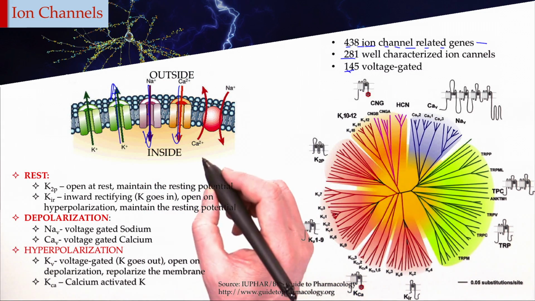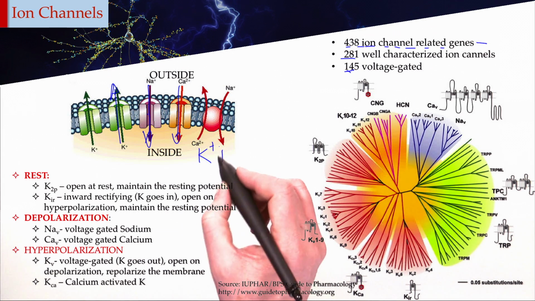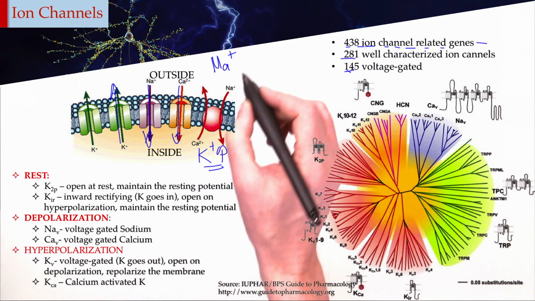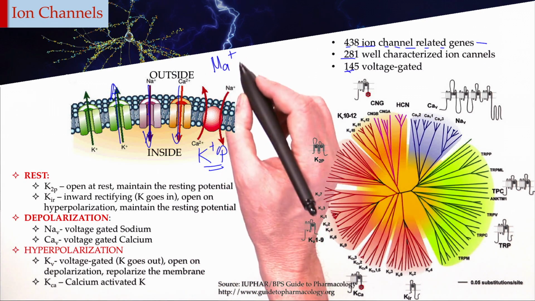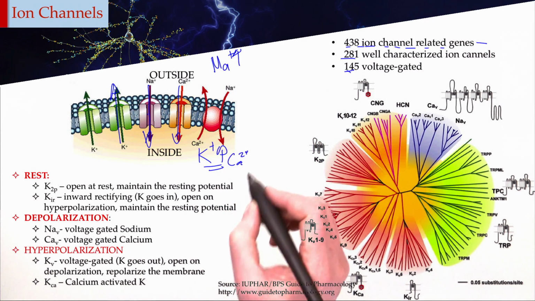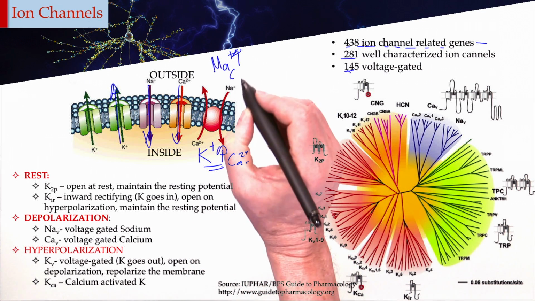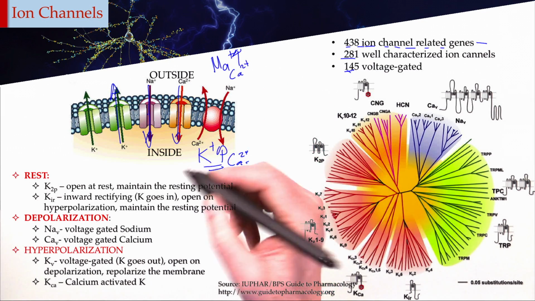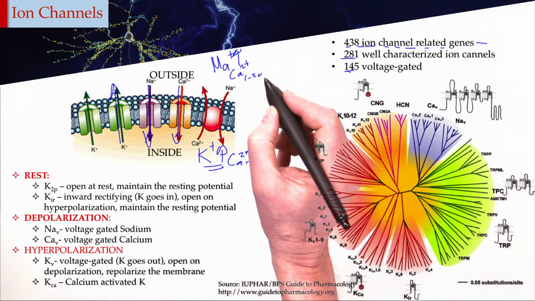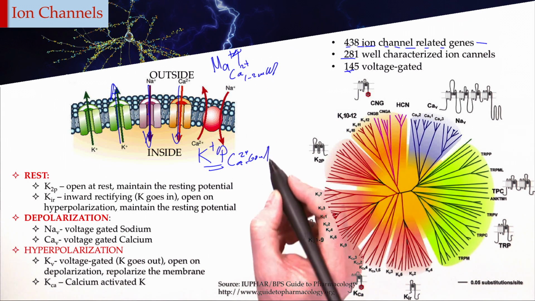And what you should all remember, and you should look this up, is that potassium, of course, is very high on the inside of cells. Sodium is very high on the outside of cells. Calcium is very low, 60 nanomolar or so, on the inside of cells, and relatively very high outside of cells, in the order of 1 to 2 millimolar.